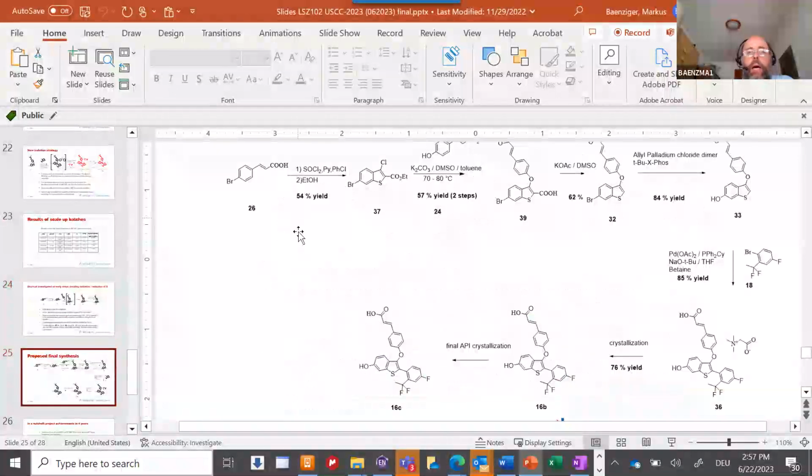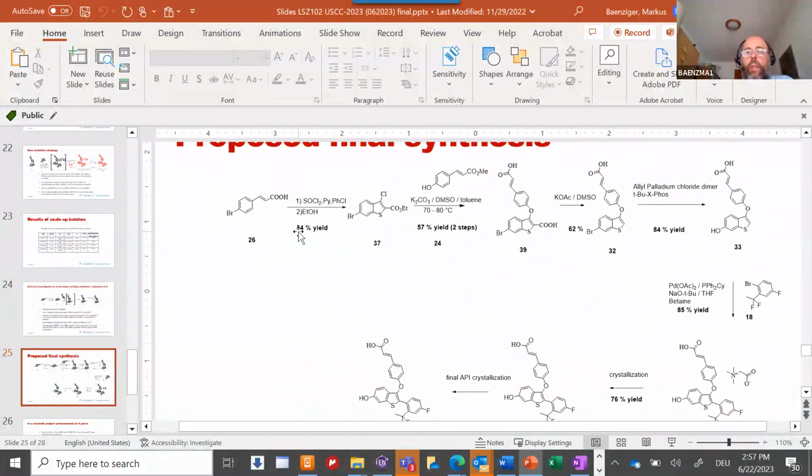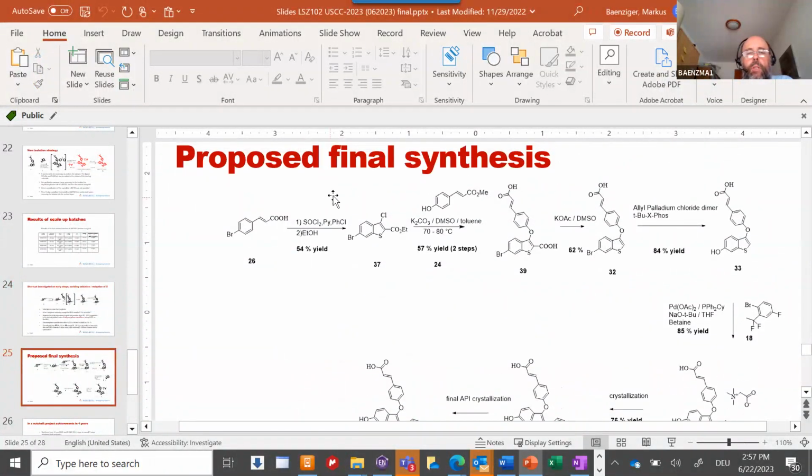So finally, our proposed final synthesis would start from 4-bromo cinnamic acid. In this first step, the Heck cyclization, we make the ethyl ester. This is a 54% yield. Then potassium carbonate, DMSO, toluene at 70 to 80 degrees makes this SNAr reaction.